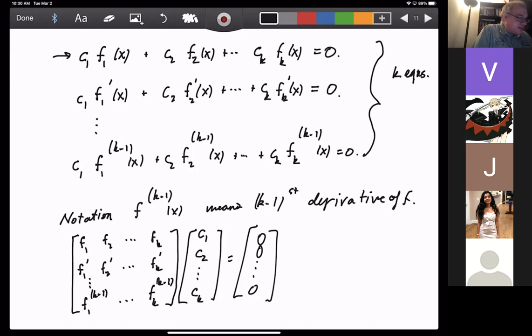If I differentiate that top row, I get the second row. If I differentiate the second row, I get the third row, and so on. One derivative each time to get the next row. And that special coefficient matrix is called the Wronskian matrix, or the Wronskian.